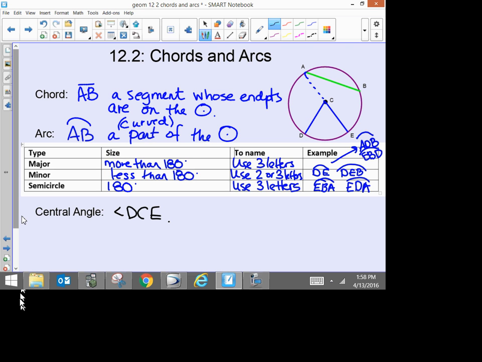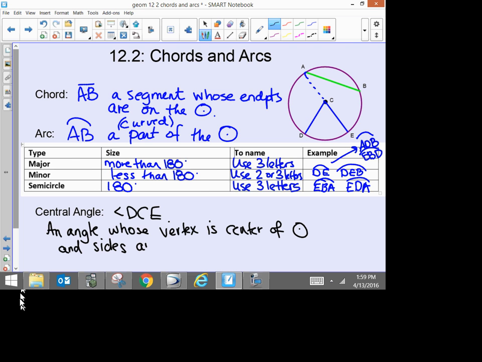The angle that starts from the middle of the circle. An angle whose vertex is the middle of the circle? Yeah. Okay. Whose vertex is the center of the circle. And its sides are what? Good. There you go.